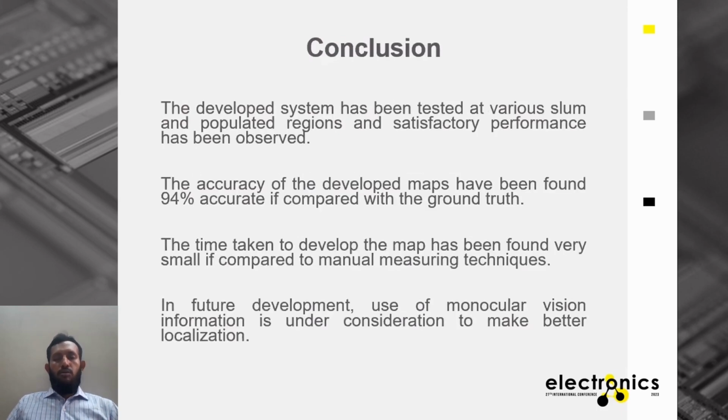So the conclusion is that the system we tested works very well compared to other, manual systems, whose accuracy is approximately 94%. The more important thing is that the time taken to first do the survey and then the assessment is very small, which is not possible with the existing human-based surveying methods. So this is the greater advantage which we are providing with this system.